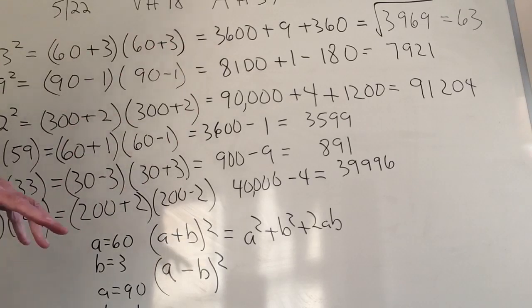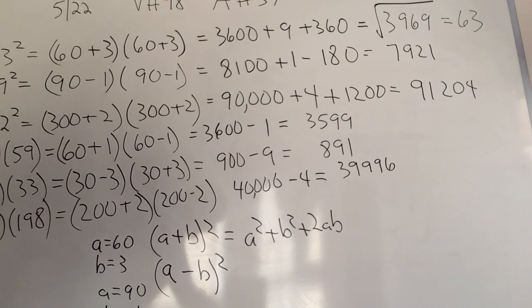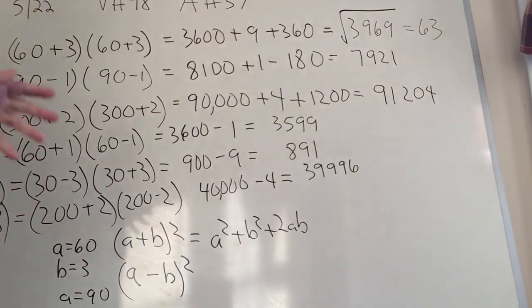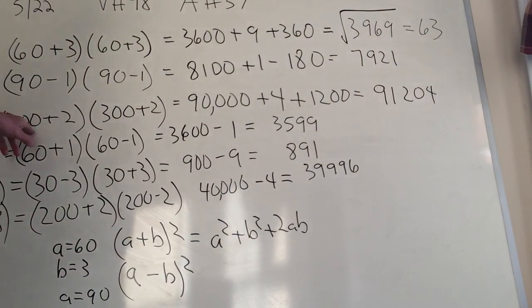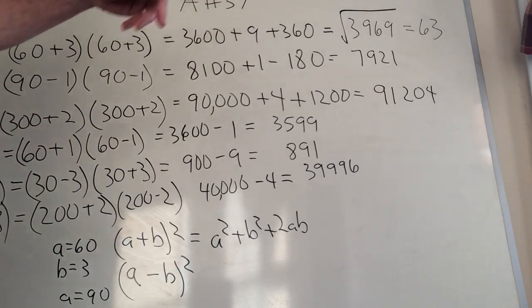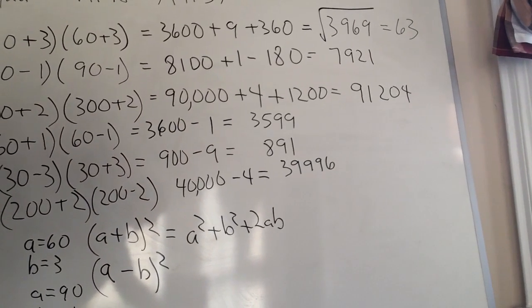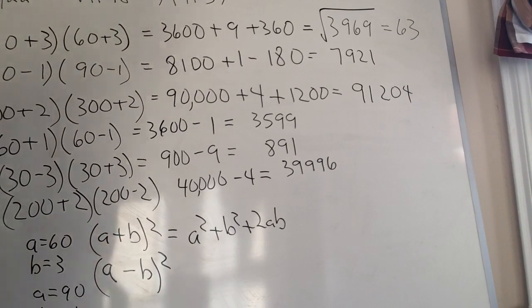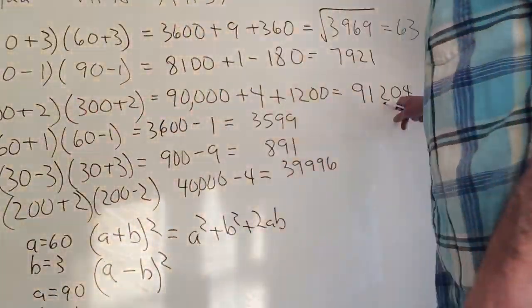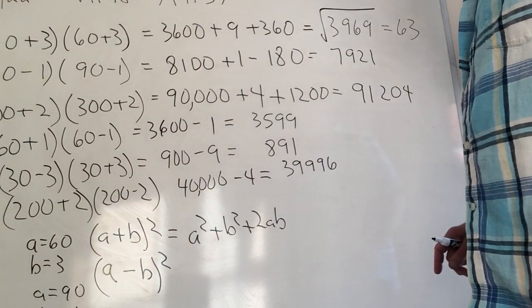They're the nice ones. Then I add 4. And then I add 1,200. How did I get 1,200? 300 times 2 times 2. Should be clear now. If I put the hat over 91204, there's another perfect square, just pointing it out. Interesting, these kinds of perfect square guys.